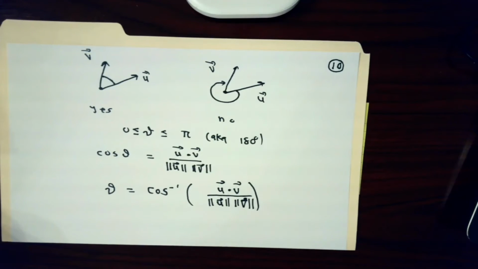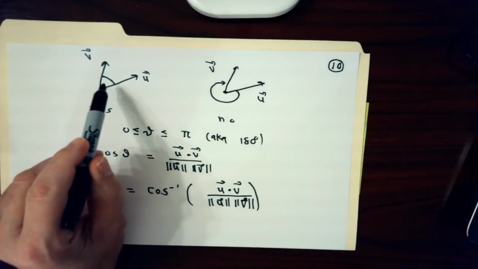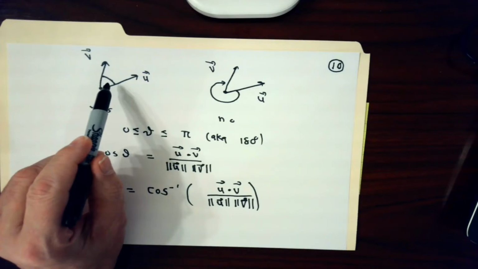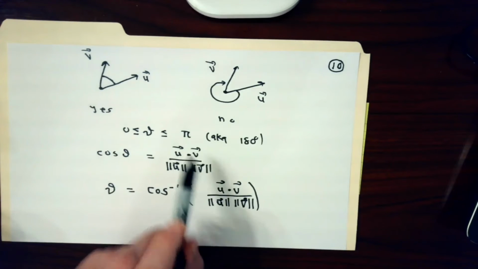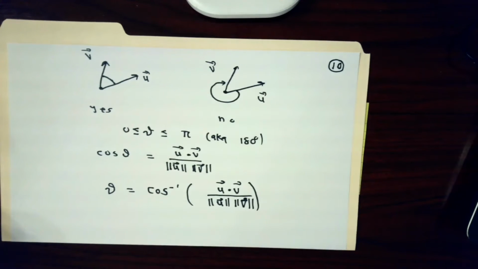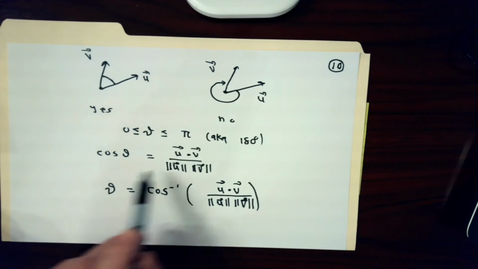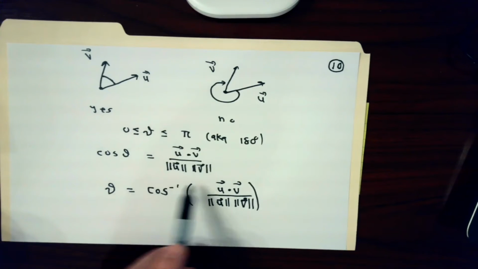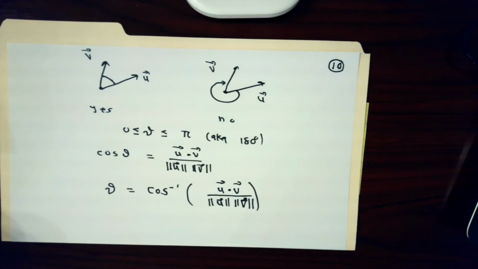We're always going to pick the angle between two vectors to be the one that is positive and no bigger than 180 degrees, also known as pi radians. The reason that we do this is we have a formula that says u dot v is length of u, length of v cosine theta. If you rearrange that formula, it says cosine theta is u dot v divided by the product of the lengths of the two vectors.